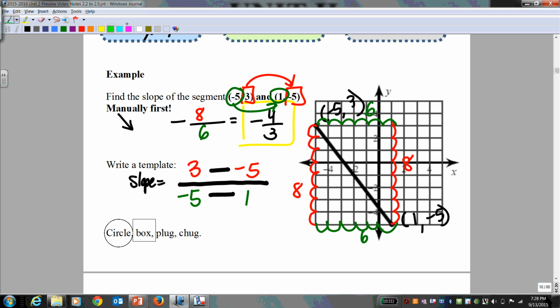Absolutely. But if you start right to left, you go that way first, then you must finish that way. What's really important is it doesn't matter which direction you start with, as long as you're consistent, left to right or right to left. Clean this up here. Double negative makes a positive. That's 8 over negative 6, and it is negative 4/3 again.